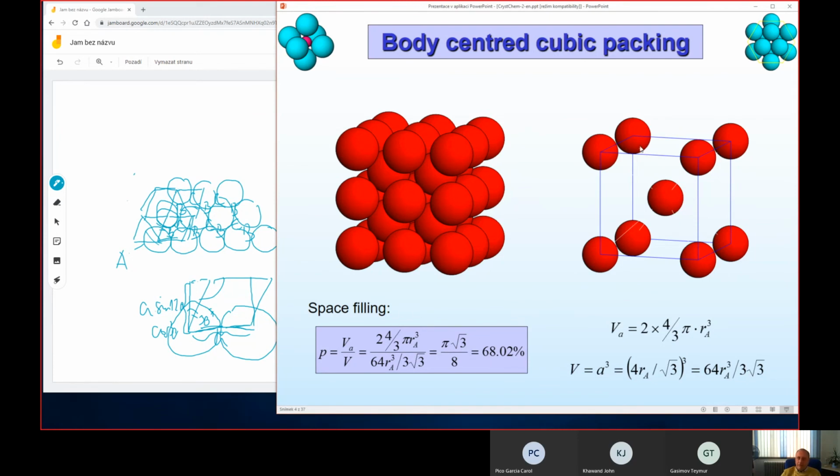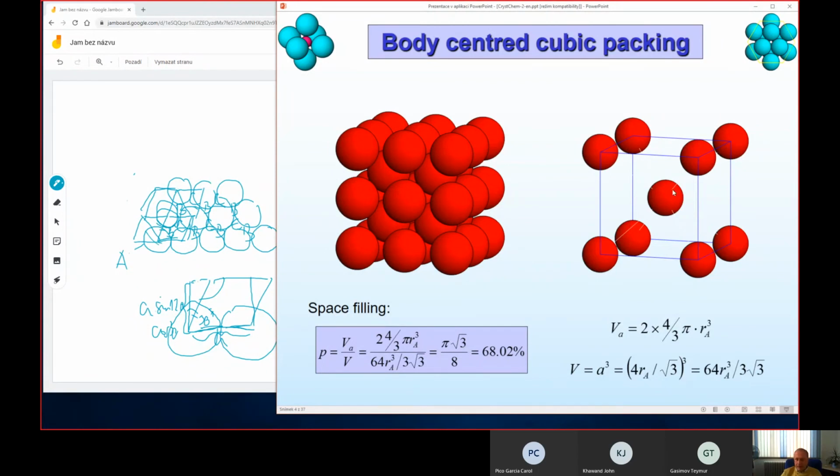The unit cell has atoms in the corners, which contribute 1/8 each, and one atom in the center. Now the close packing condition is that the atoms on the body diagonal must be touching.